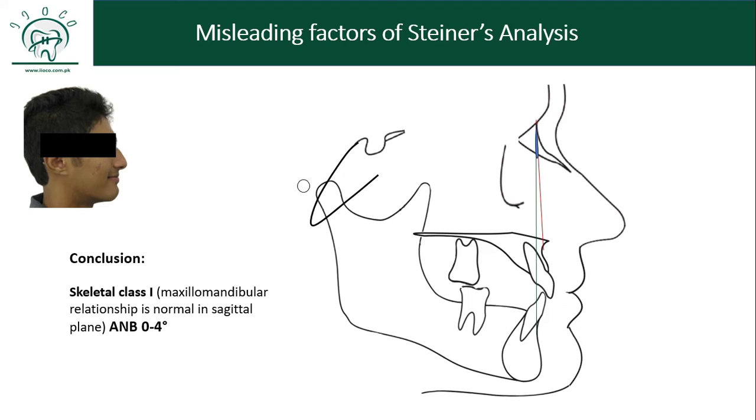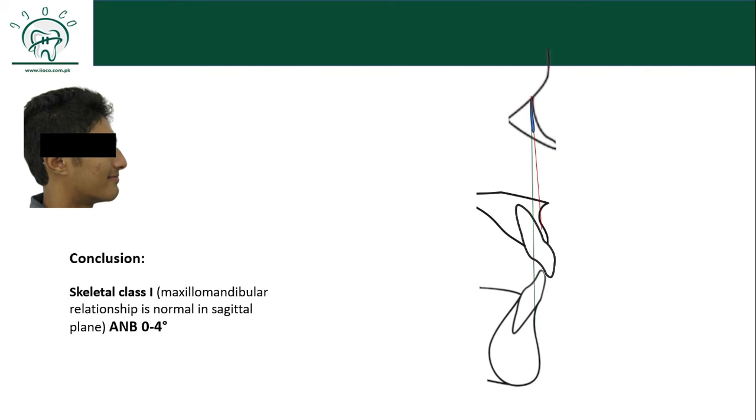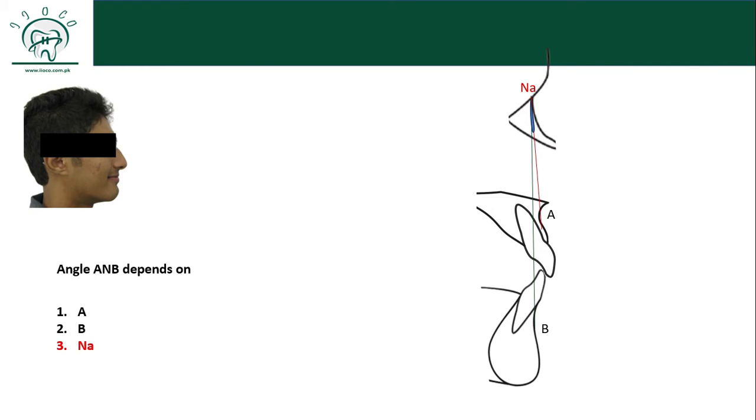What are those? Let us zoom and focus on angle A and B. This angle depends on 3 landmarks: point A, point B and Nasion. Now let's assume both the jaws, mandible and maxilla, are in proper class 1 relationship, but the position of landmark Nasion is altered.